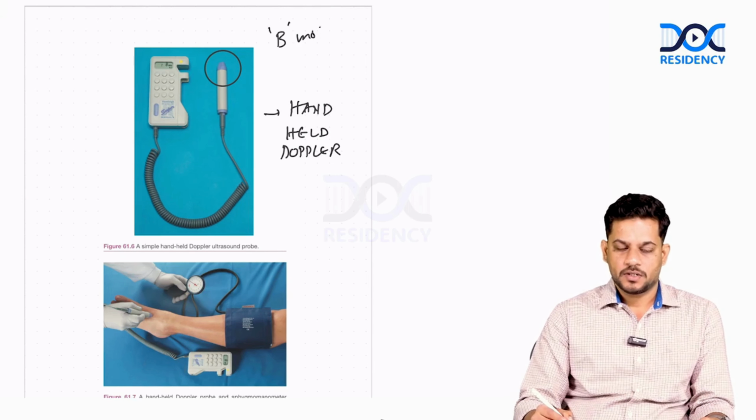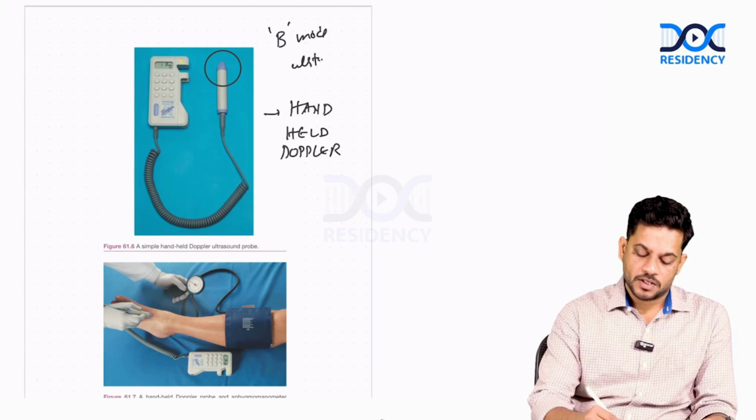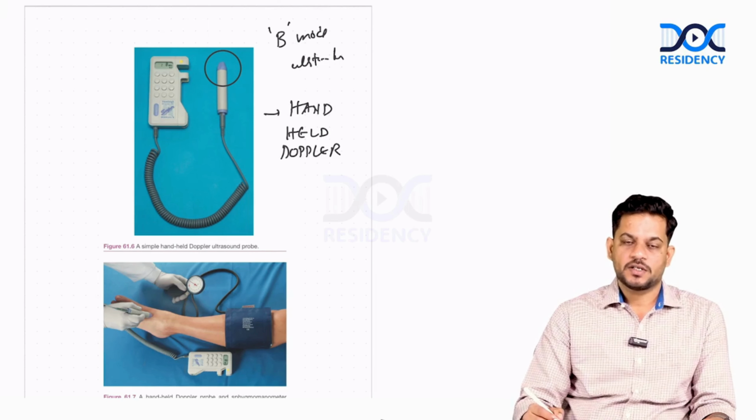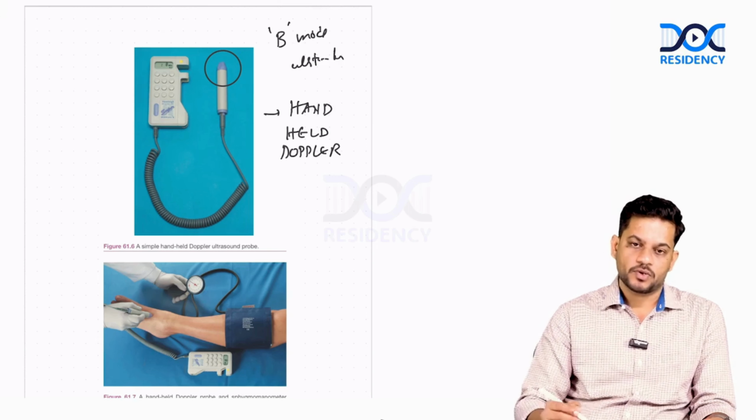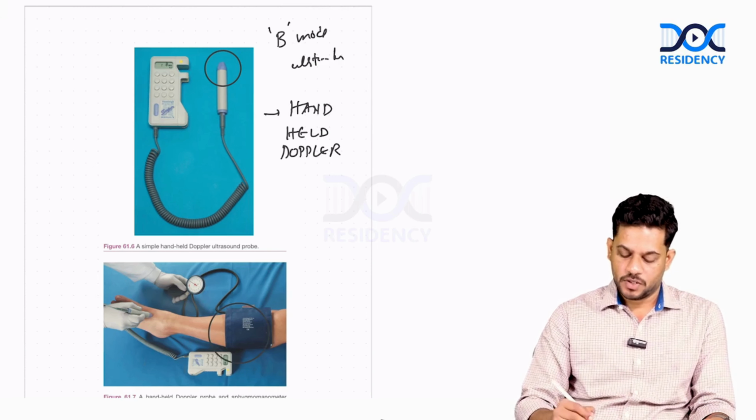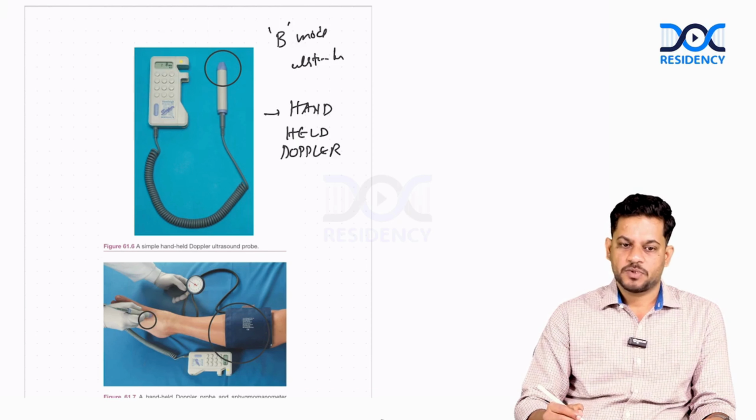It acts something like the B mode of an ultrasound, where the electrical signals received are converted into audio signals and you hear them through the speaker. Okay, here you can see the blood pressure cuff has been released and the Doppler signals are perceived from the dorsalis pedis, and you increase the pressure.